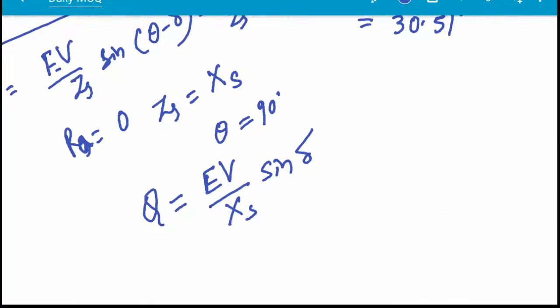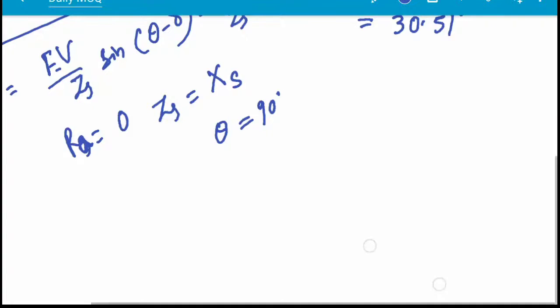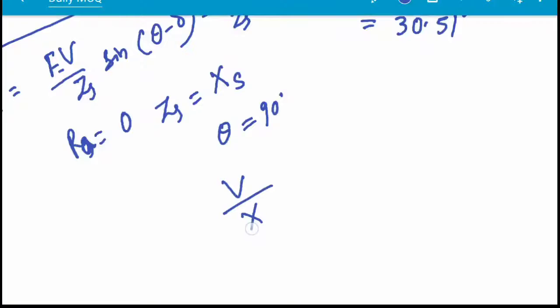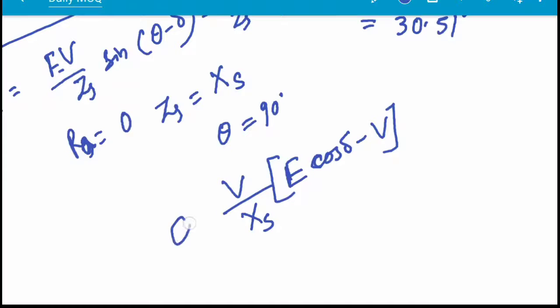So this one is P, and Q will be V by XS into E cos delta minus V. This one will be Q.